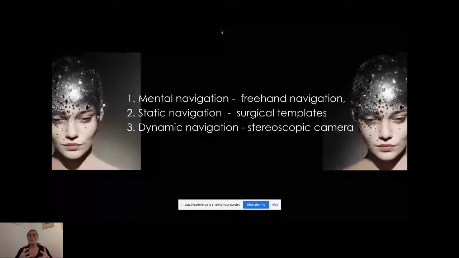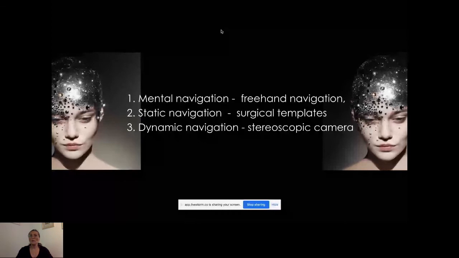So we have three ways of doing the implants today: freehand, static navigation, led and guided by surgical templates, or dynamic navigation made by a stereoscopic camera.